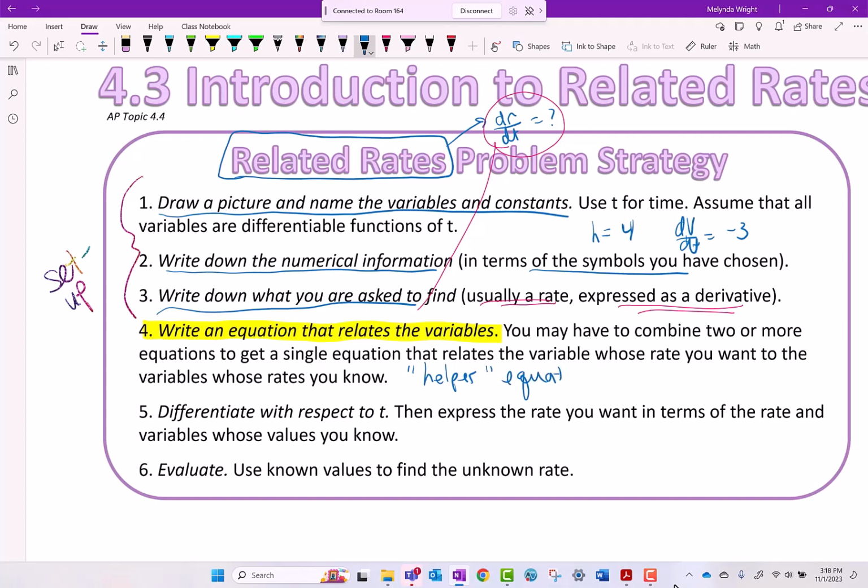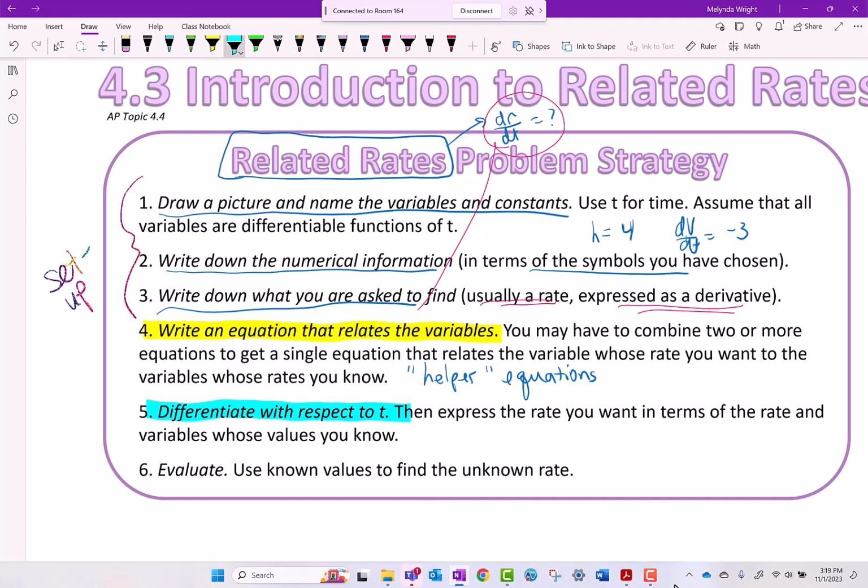They're not the main one, but we might need them for clarity on the main equation. We may have just one equation, or more than one. Once we get our equation written, we take the derivative with respect to t, and every variable gets tagged.